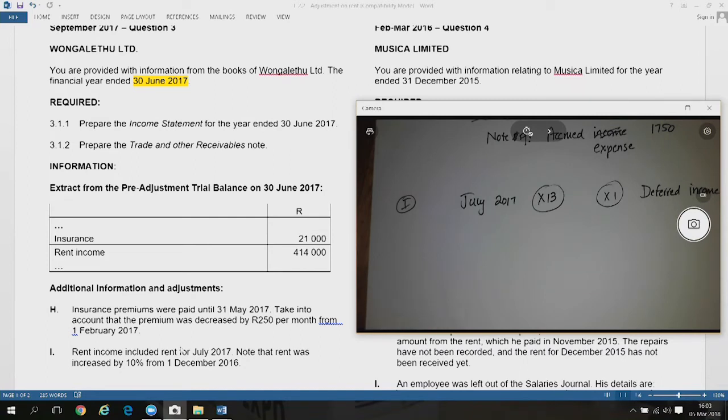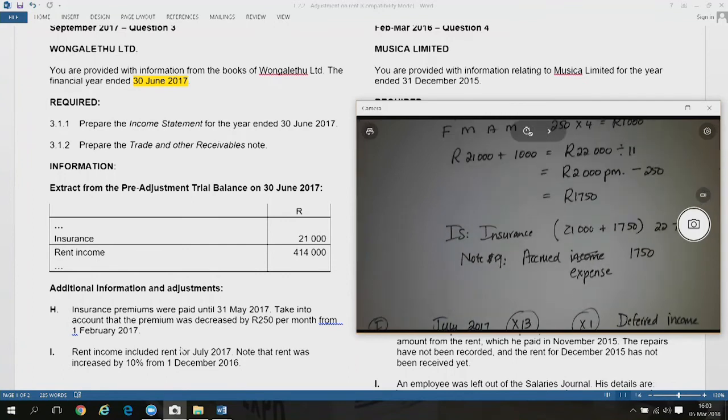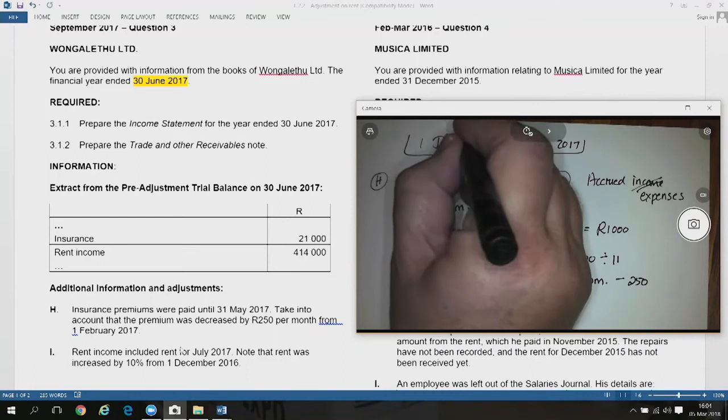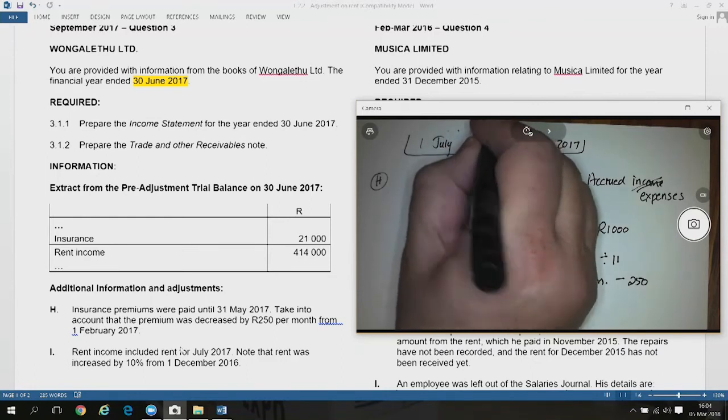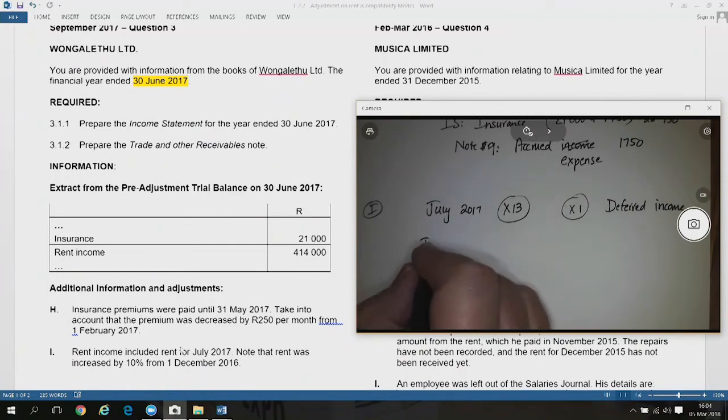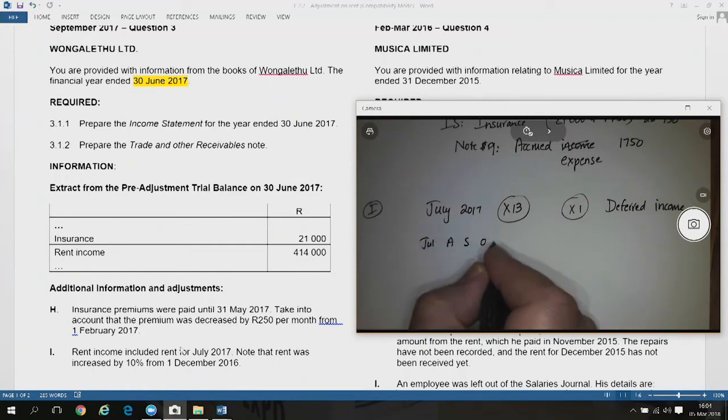Okay. There was an increase of 10% from the 1st of December. Count with me. The months before the increase: July, August, September, October, November.